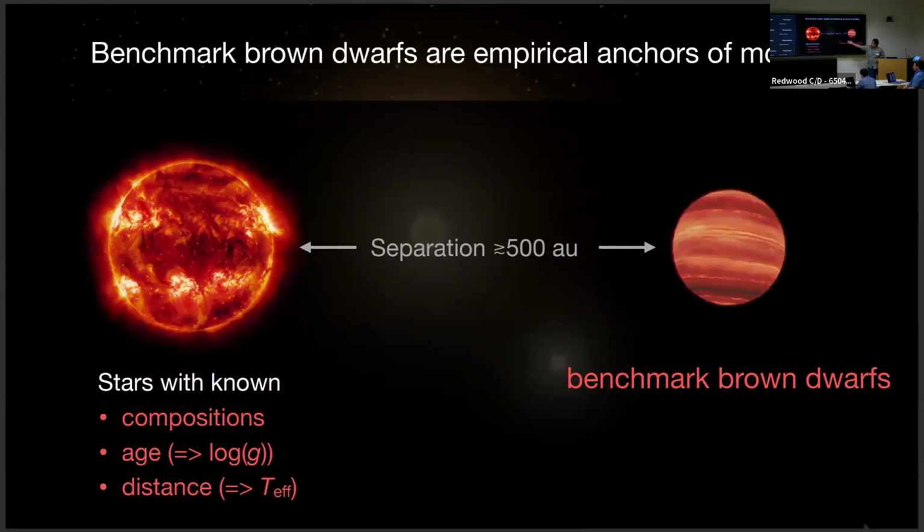By analyzing the stars, we can know their compositions, their ages, and their distances thanks to Gaia. So for these brown dwarfs, we can know their effective temperature, surface gravity, and compositions as well. And for this kind of brown dwarf, if we directly observe their spectrum, we can understand what the spectrum should look like at that parameter set.